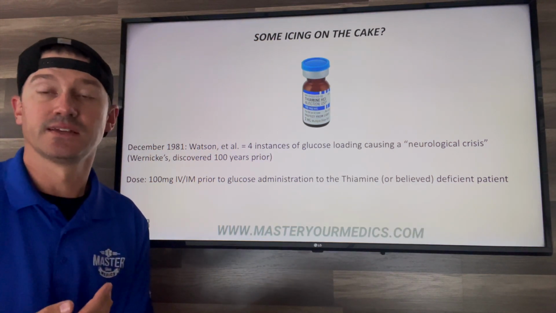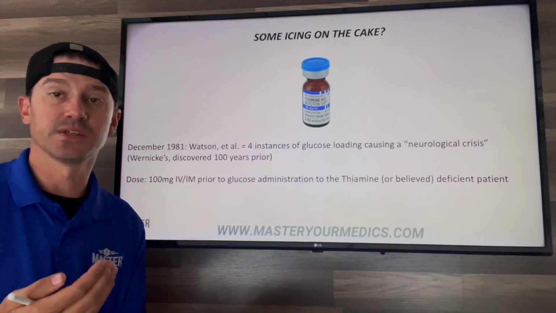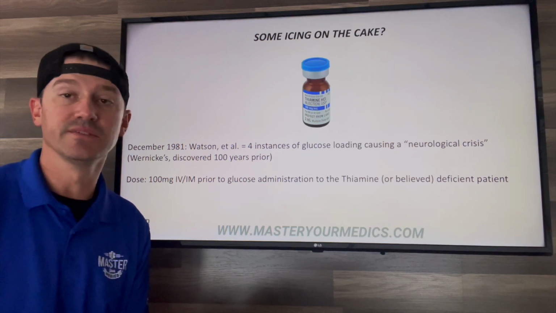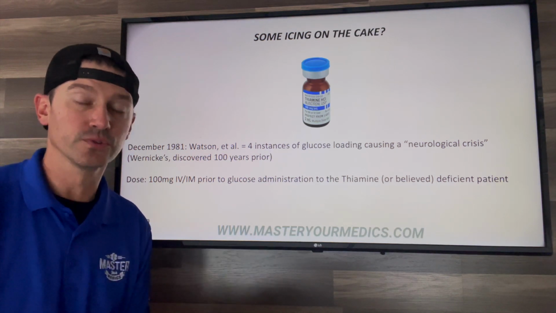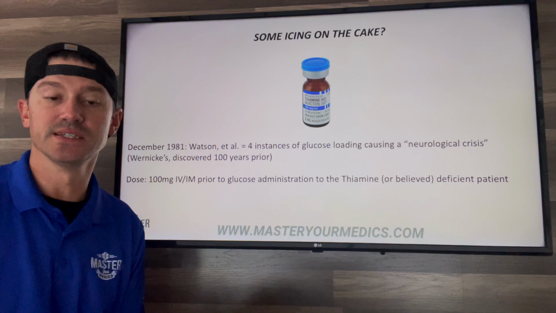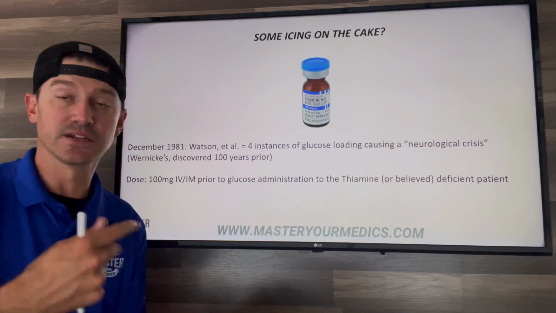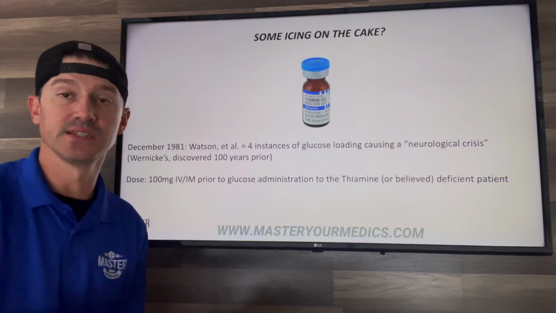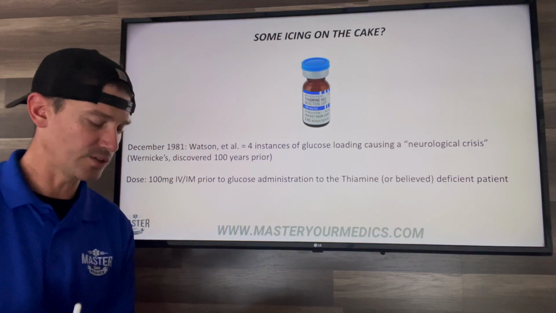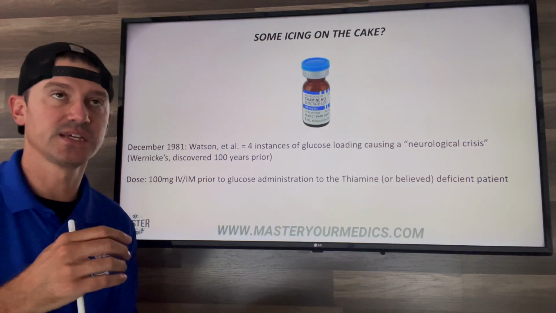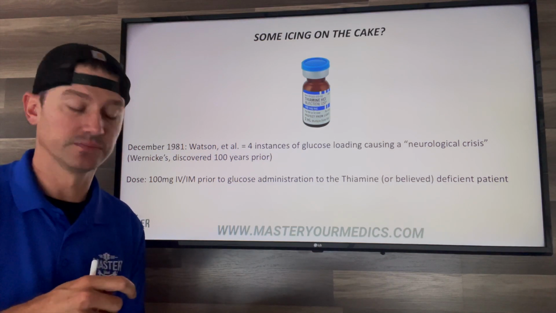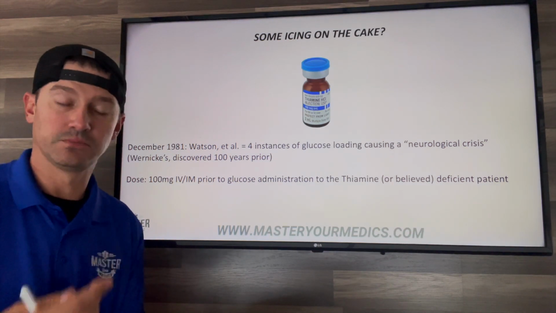So we've been taught that thiamine is something that we need to be giving prior to glucose administration, whether that is through simple glucose or any glucose that's going to be produced in the body. And where this came about was from a study in 1981 from Watson et al.